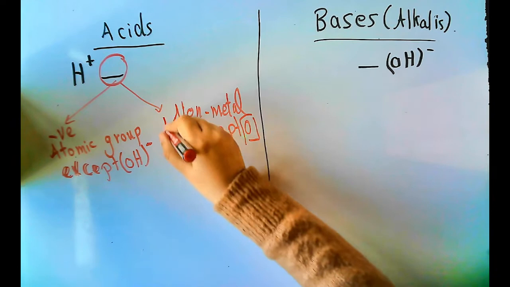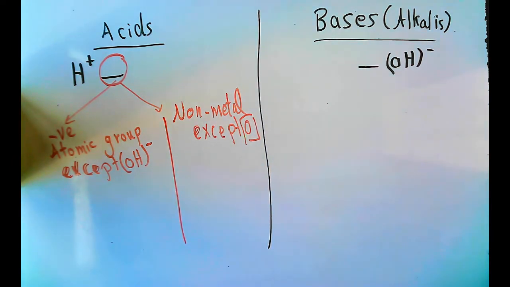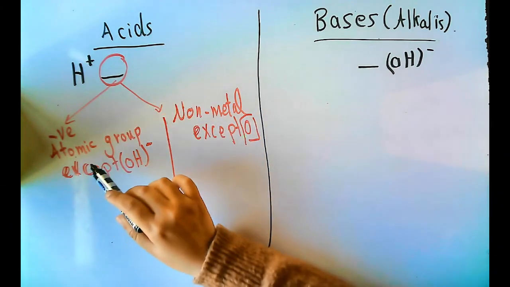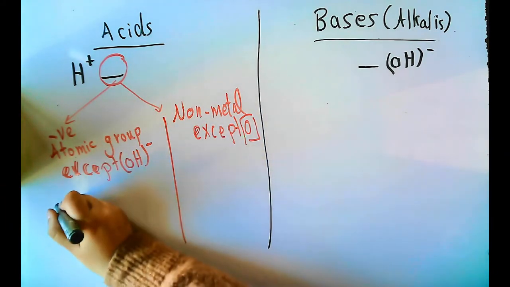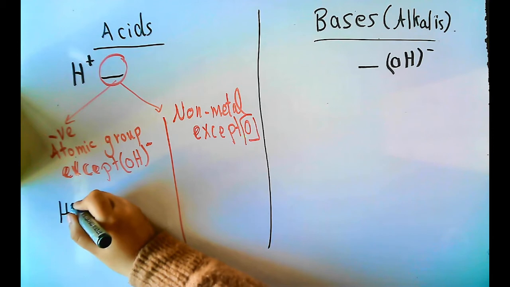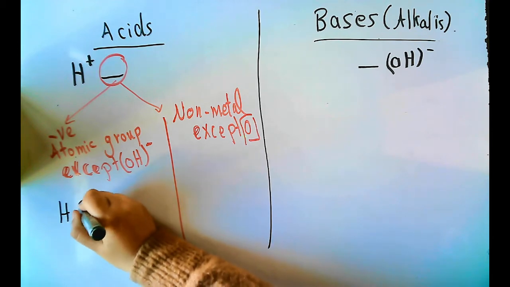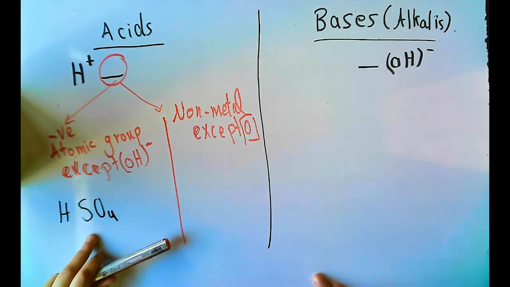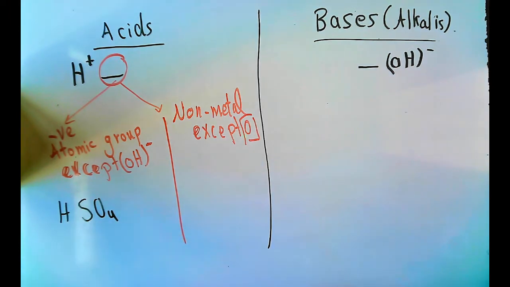For example, positive hydrogen ion with a negative atomic group, like hydrogen and sulfate. Sulfate, as we studied at first, is diatomic, but hydrogen is monoatomic.